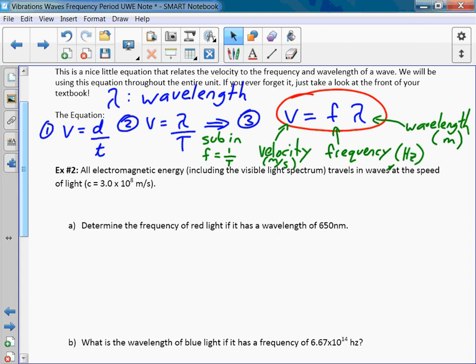We say that light travels in waves, but when you get a little bit more advanced in physics, you'll see that the electromagnetic particles called photons can actually behave as particles and waves at the same time. But for now, we're just going to assume that they behave as waves. And the speed of those waves is always constant, 3.0 times 10 to the 8 meters per second.